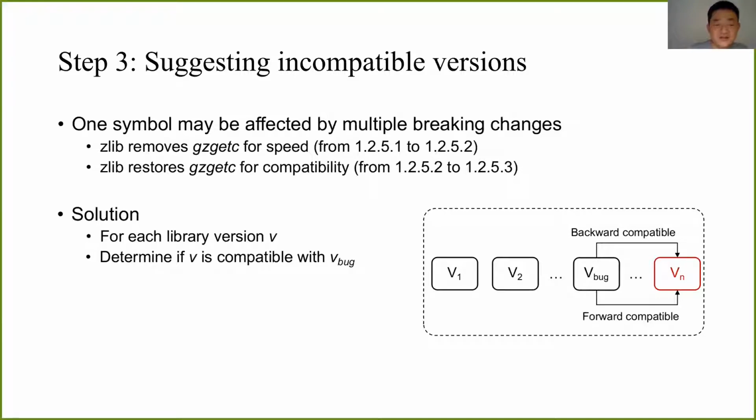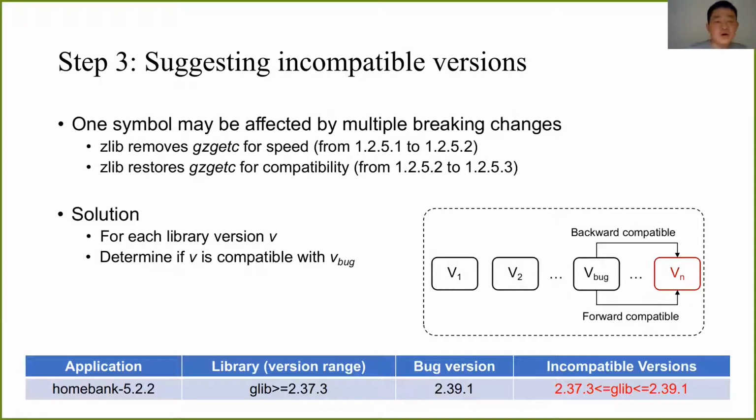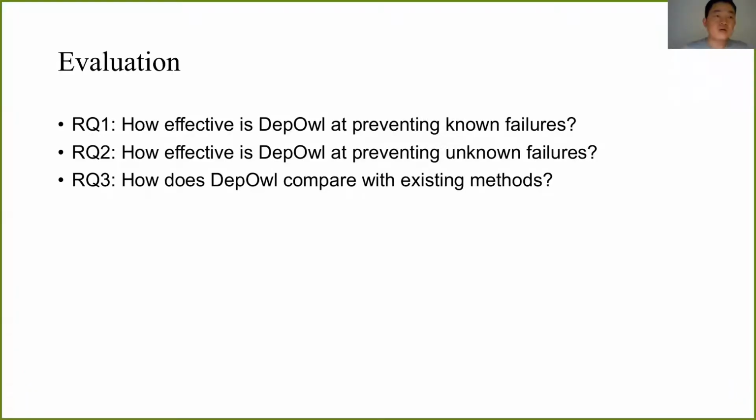To address this, for each library version V, DepOwl detects if V is both backward compatible and forward compatible to the bug version. If yes, V is also regarded as a bug version. In our example, DepOwl reports the incompatible versions, which are in red color.